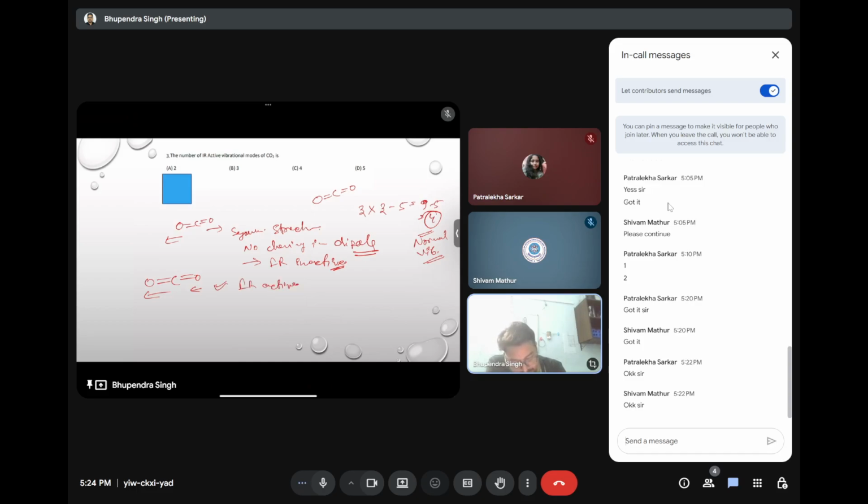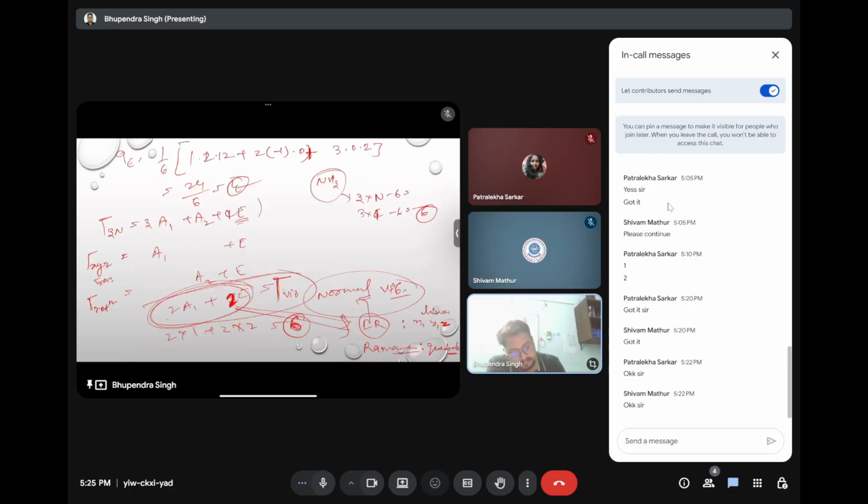And for bend, like this is going here, here, and this. C is going inside the plane or out of the plane.